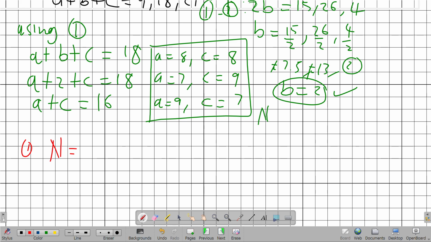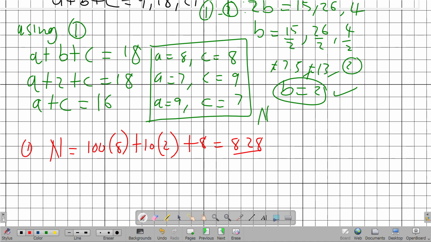In that case, we are going to have 100 times 8, then we are going to have 10 times 2, then plus 8. And this gives us 828.